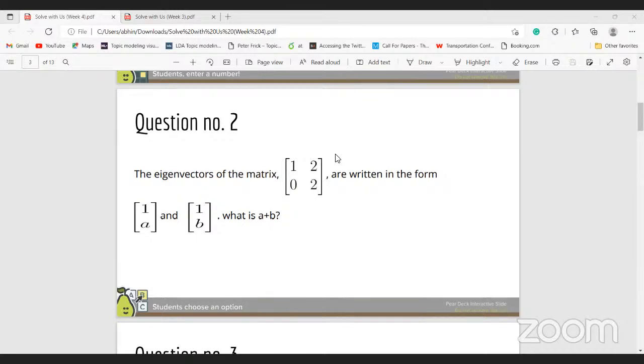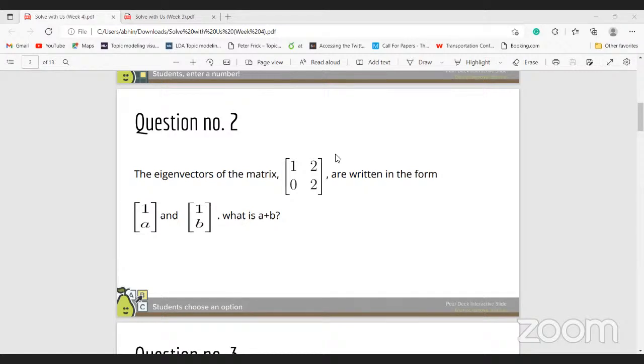So this matrix will change to 1 minus 1, 2, 0, 2 minus 1. Are you following what I said? So it will become 0, 2, 0, 1.